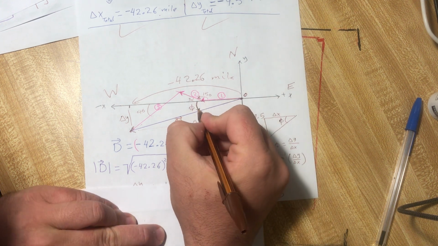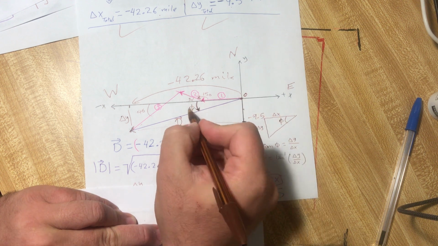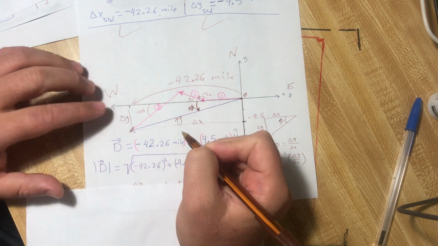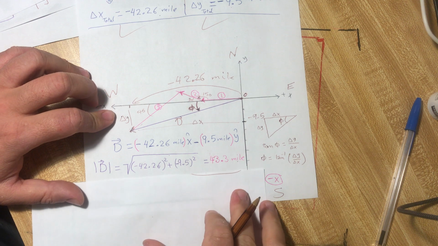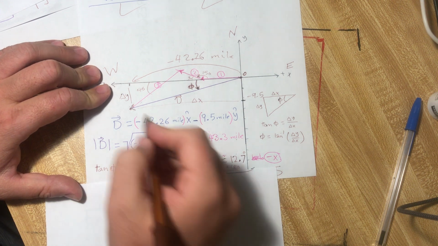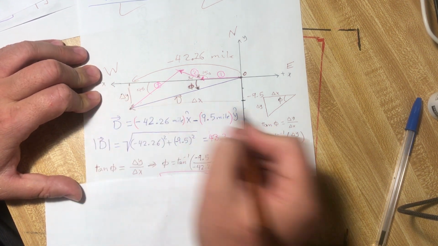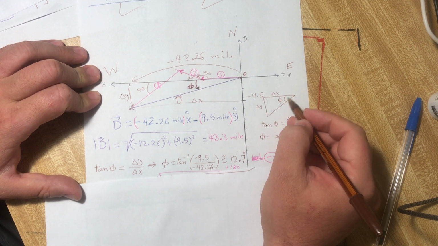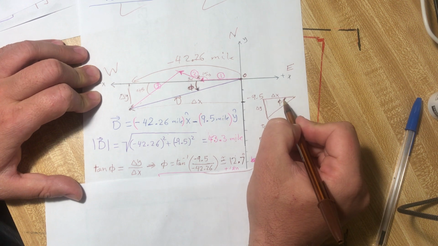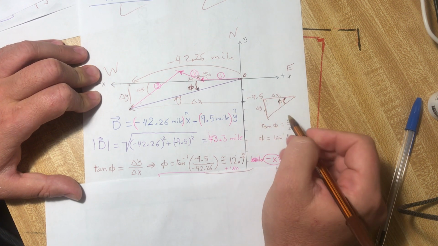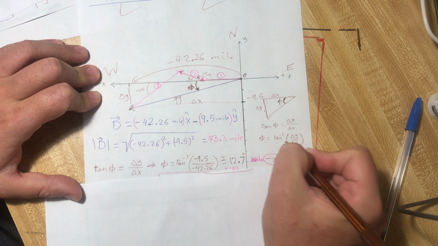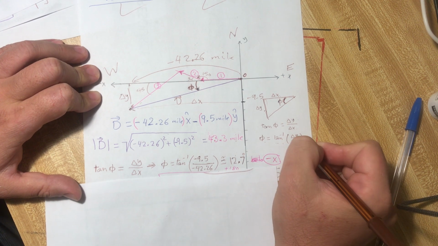And we can find this direction, which I name phi. Okay, tan phi is equal to delta y over delta x, because we have a right angle triangle. This is delta y and this is delta x, and this is phi. The two sides y and x: tan phi is equal to y over x, and phi is equal to tan inverse of delta y over delta x.